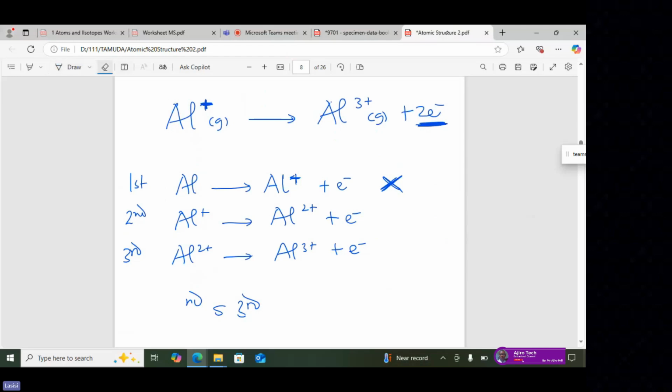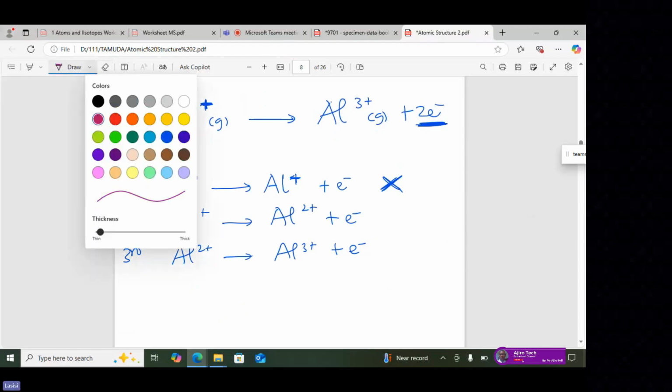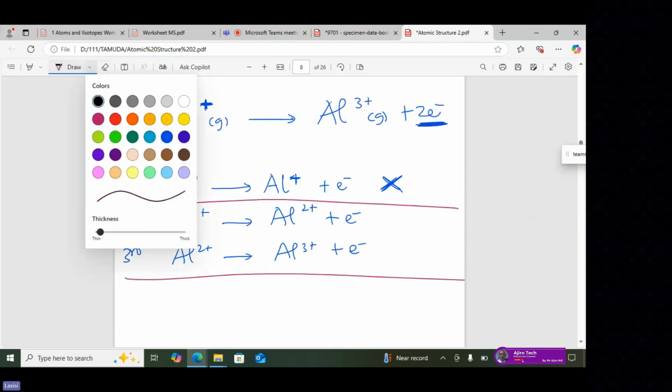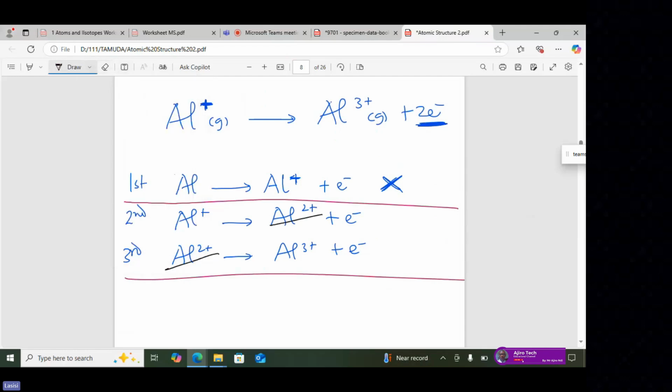Can I prove it to you? Let me sum it up. You add them together: Al plus to Al2 plus, and Al2 plus to Al3 plus. Hold on, this cancels this, they are the same. What will be the answer? Al plus to give Al3 plus plus 2E, 3 electrons.